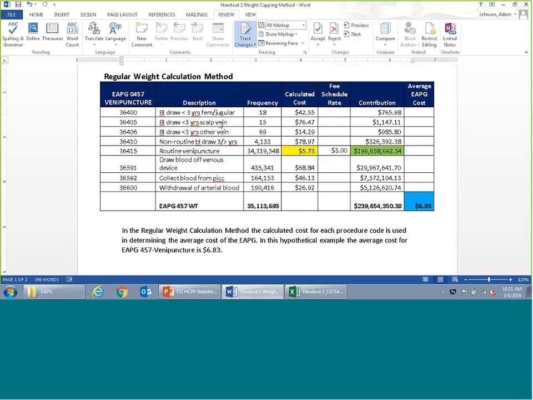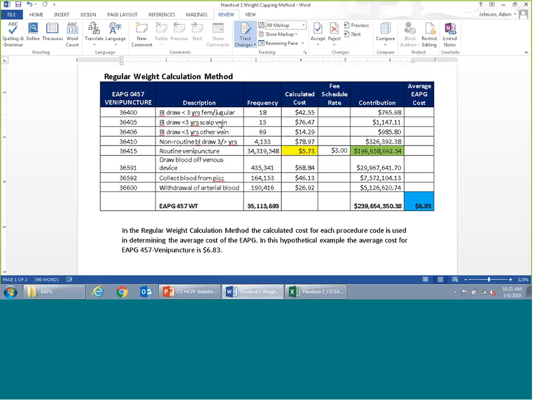So in the weight setting process, we convert those charges to cost for procedure code, and we get our average calculated cost for each of these procedure codes. And that's the calculated cost column there. And you can see for the one procedure code that there is a particular fee schedule rate for it, but in the regular weight setting process, we take that calculated cost, the $5.73 for that one procedure code, and we go through and we find our weighted average cost of $6.83.